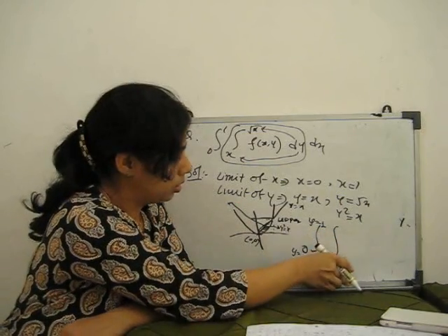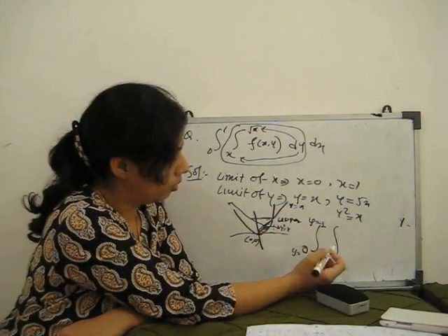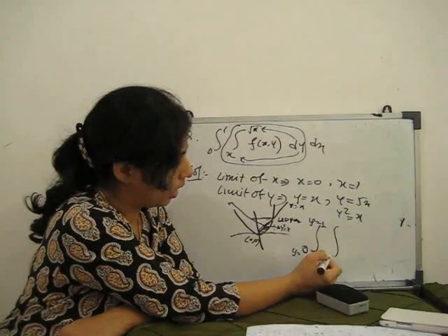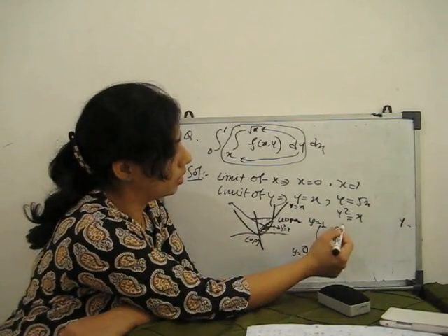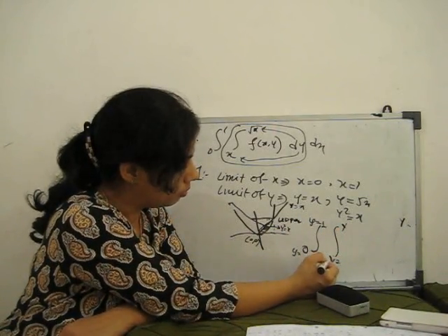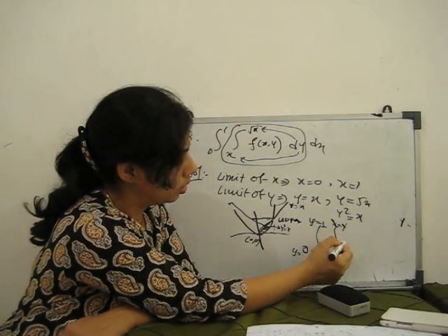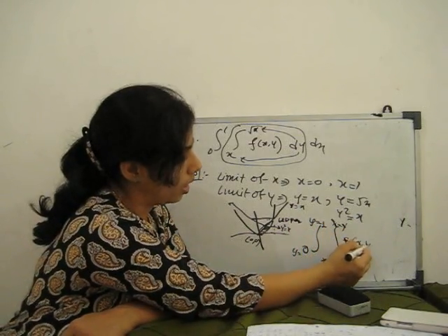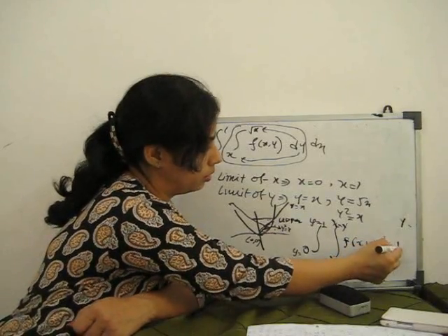So x goes from y square to y, for the function of x, y, dx dy.